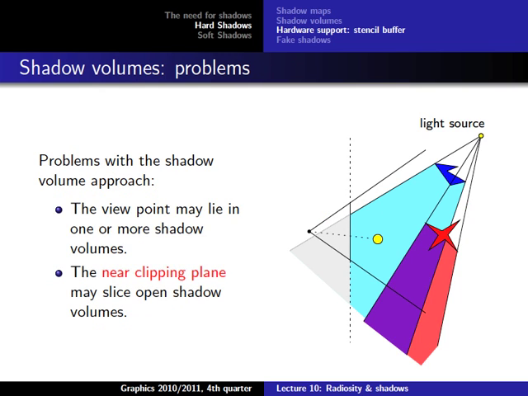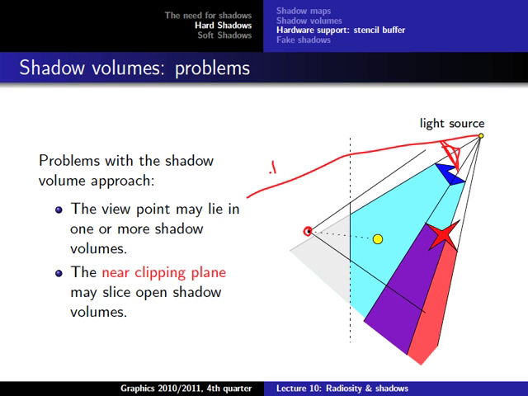Good, so this works quite well, but there are two basic problems with it. One is that of course the viewpoint can lie within the shadow. So if we have another object here that creates this shadow, then of course we're starting already inside of a shadow when we look towards an object.